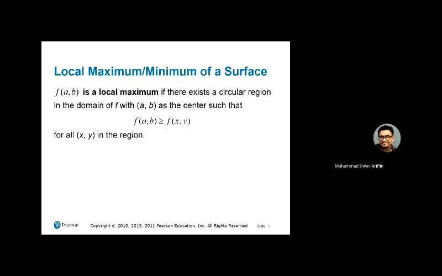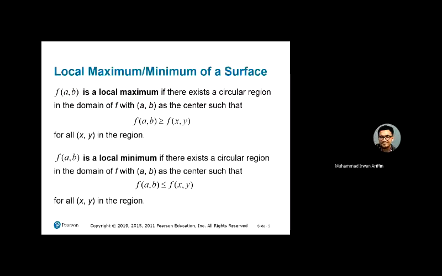Given a coordinate a, b, where x equals a and y equals b, the output f of a, b is a local maximum, the highest point on the surface, if there exists a circular region in the domain of f with a, b as the center, such that f of a, b is greater than or equal to all other values of f at x and y in the region.